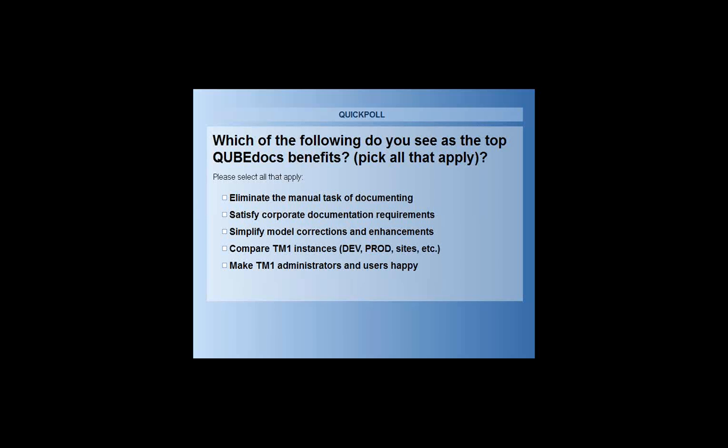So from what you've seen, is it of great value for eliminating manual tasks of documenting, satisfying corporate documentation requirements, simplified model corrections and enhancements, comparing TM1 instances, or making TM1 administrators and users happy, which we all like to have, happy administrators. So if you could take a look at that poll and just click on a few of the items on there, that would be great. And we'll just give you a second to think about that and fill that in.